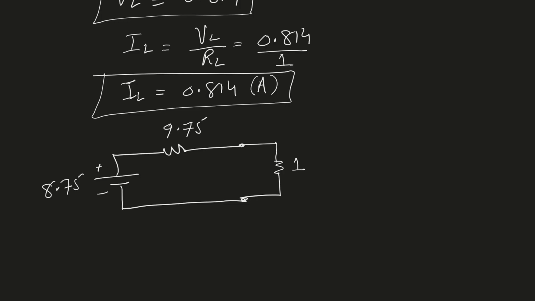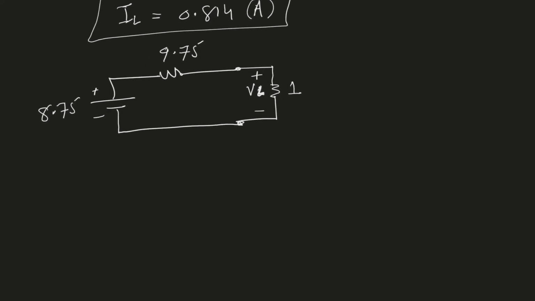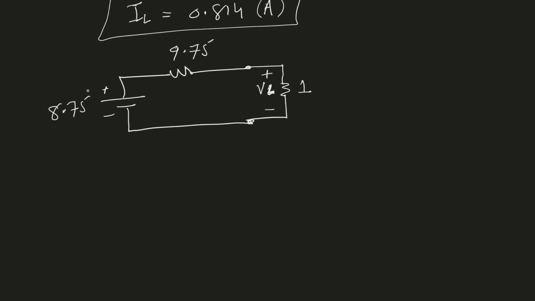So these are my Thevenin voltage source and the Thevenin resistance. And now we have connected a load of 1 ohm. Again, I want to find the load voltage, VL, the voltage drop across the 1 ohm resistor. And again, this is a simple voltage divider rule. So this 8.75 will be dropped partially across this resistor and this resistor.